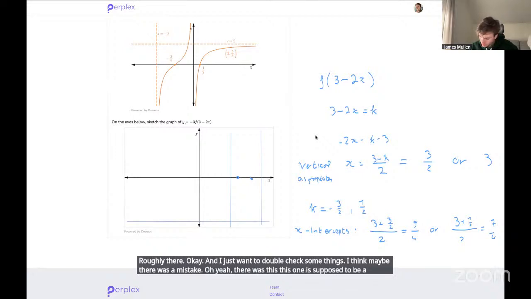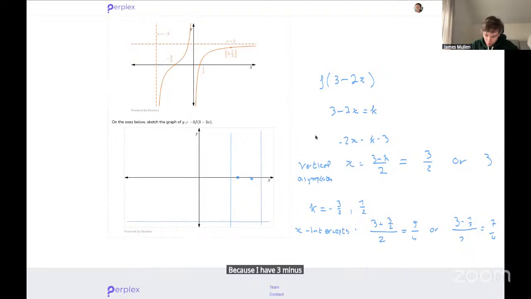It's 3 minus 1 over 2 because I have 3 minus k over 2. So this is supposed to be 5 over 4. Okay, 5 over 4. Now, I then therefore have one of these at 9 over 4, which is like here, and one at 5 over 4, which is, roughly speaking, there.